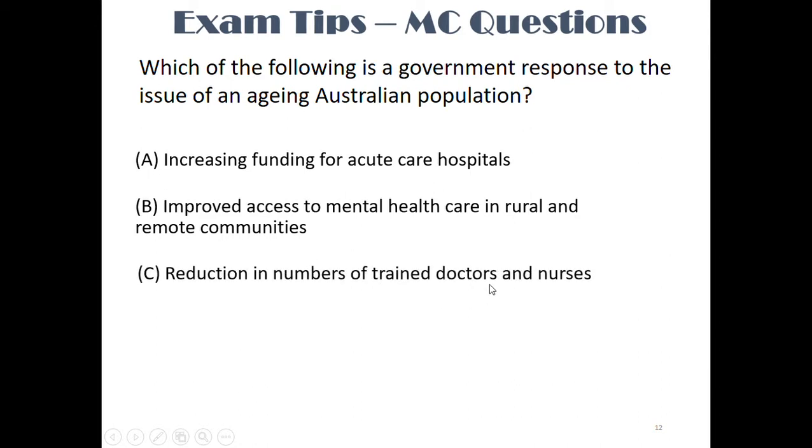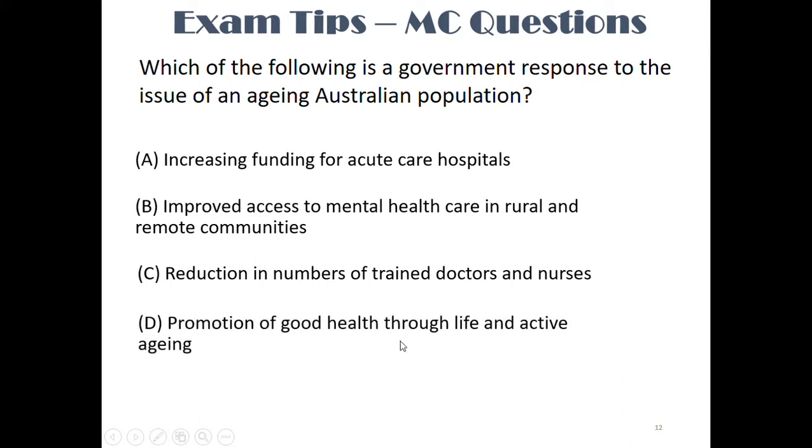Reduction in the numbers of trained doctors and nursing. So would the government actually reduce the number of doctors and nursing if we've got an ageing population? No, so we'd cross that out. And then promotion of good health through life and active aging. What is the definition of aging Australians? It's them making good, protective health decisions throughout life. So that's looking really, really good.